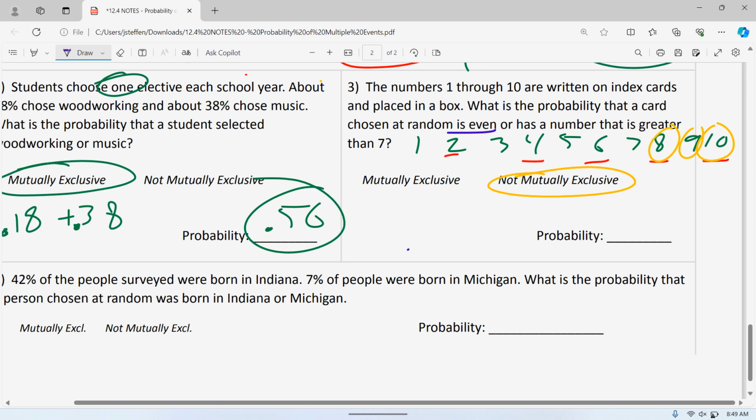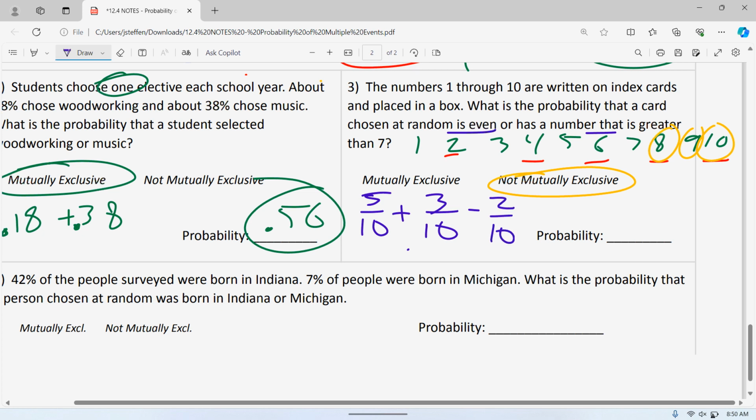The probability of even is 5 out of 10. The probability of bigger than 7 is 3 out of 10. And the overlap is 2 out of 10 that are both bigger than 7 and even.